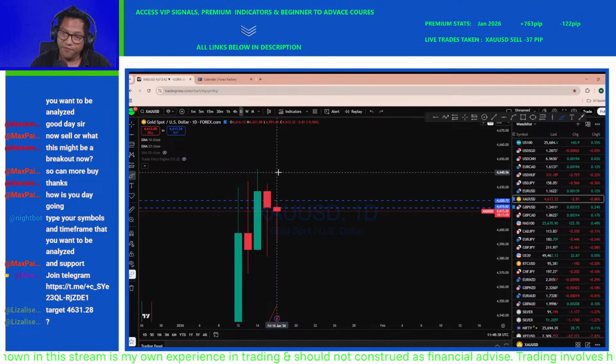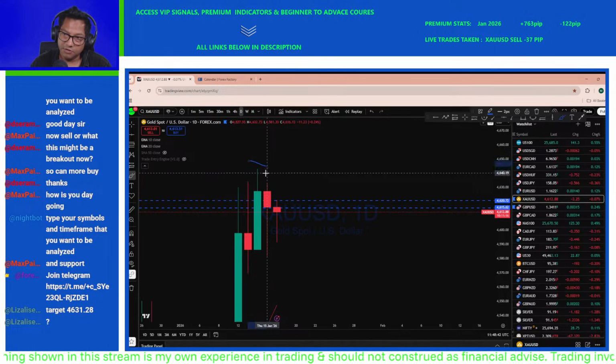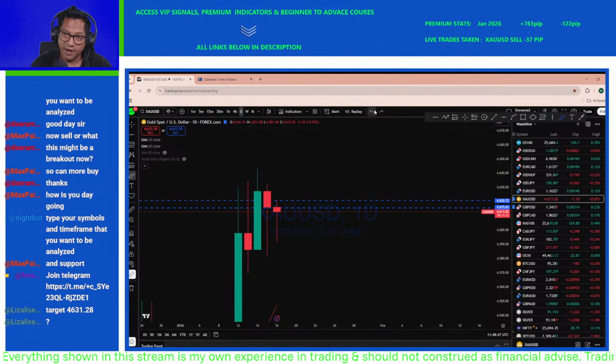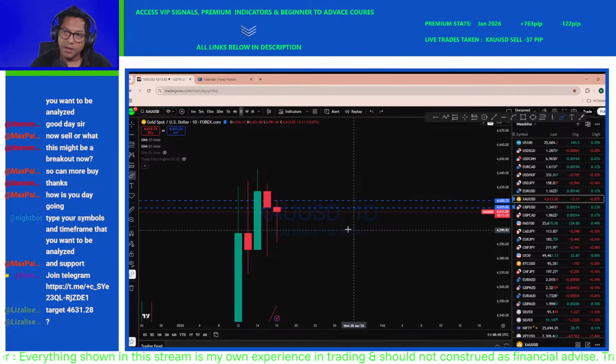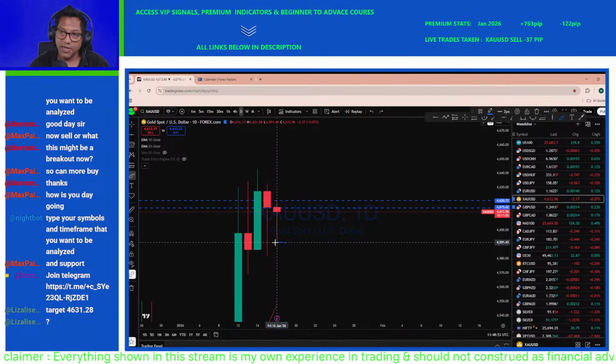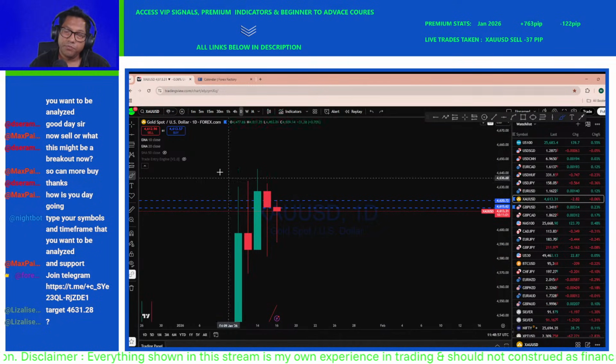So you can find a significant pattern here. You can see a series of lower highs. When you see that series of lower highs, though it is in an uptrend, the market has already shown a downward bias.